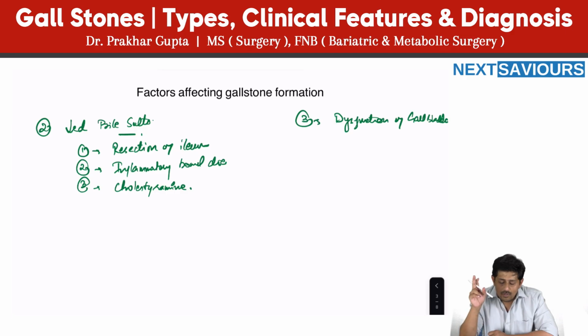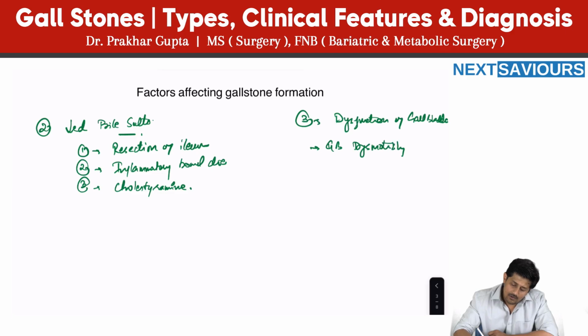Okay. So if in any case the gallbladder is not able to contract properly, there will again be increased concentration of bile inside the gallbladder, which will lead to stone formation. So GB dysmotility will predispose to formation of stones.